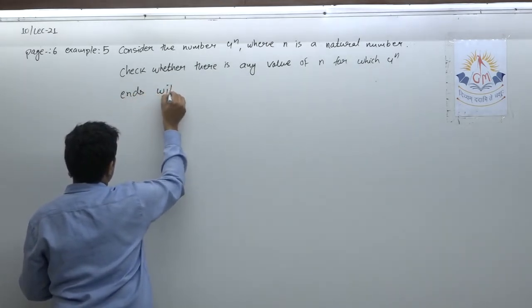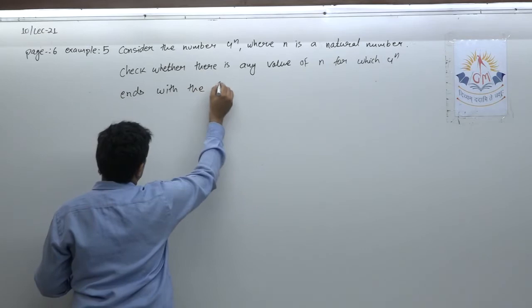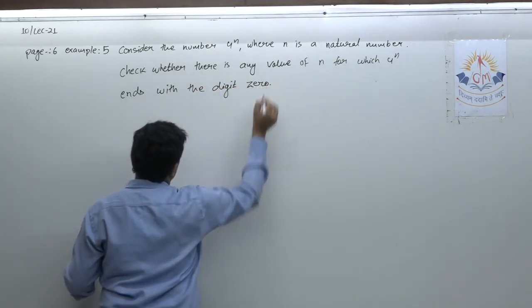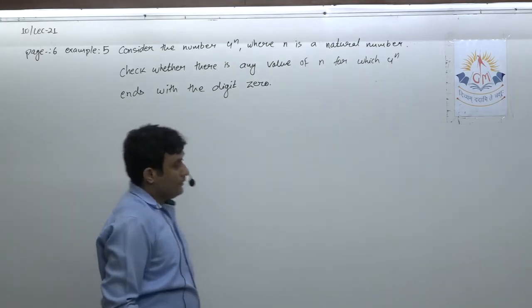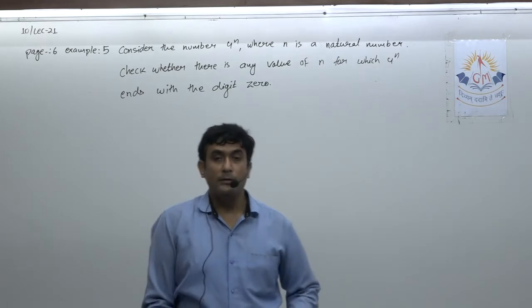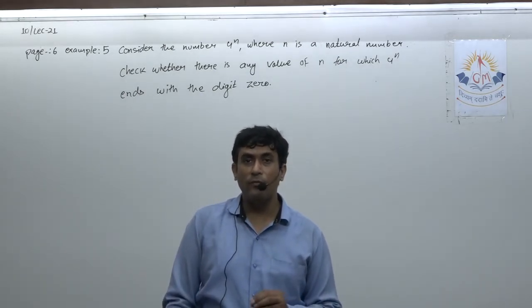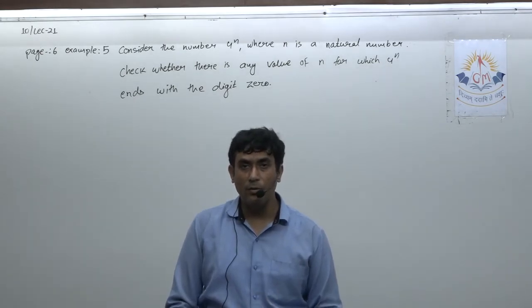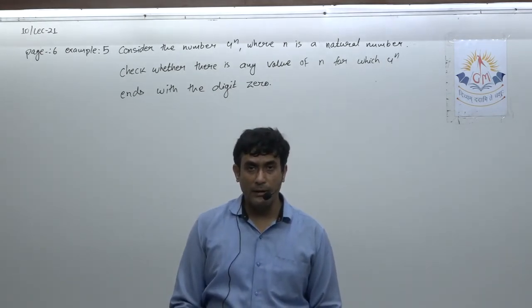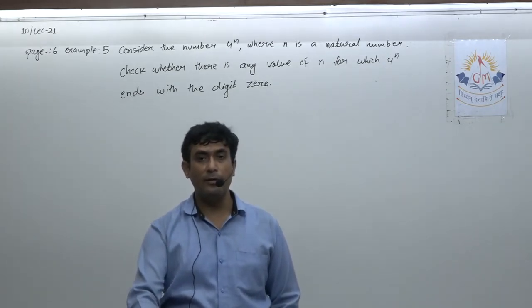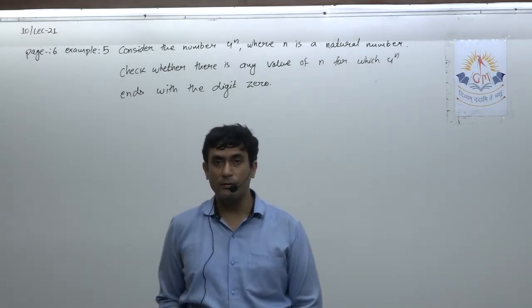So in short, this question says check whether the number 4 raised to n will ever end with the digit 0 or not. So think for a while how you will solve it, and then I will give you its detailed solution.